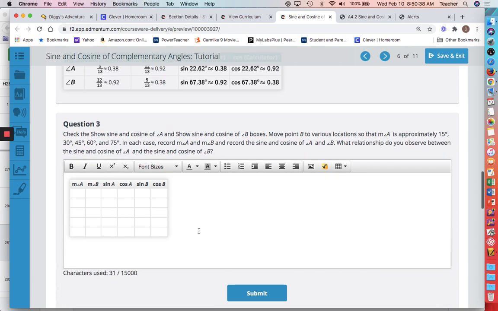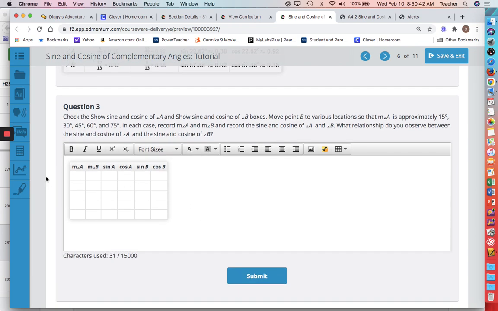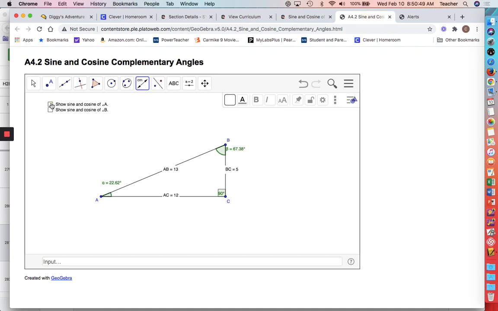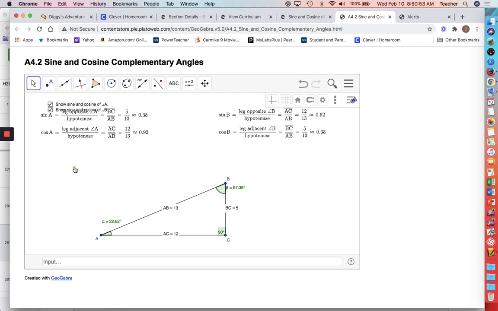Beautiful. All right, question number 3, everybody. Check the show sine and cosine of angle A and show sine and cosine of angle B boxes. There you go. I'm going to move that so I can see it.